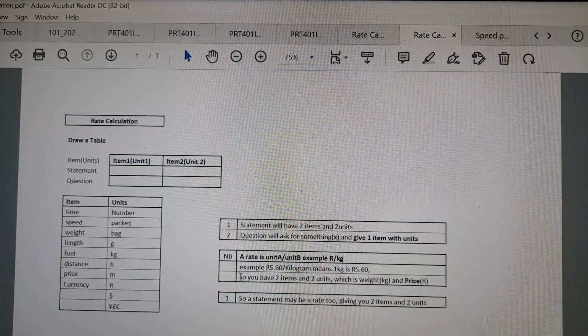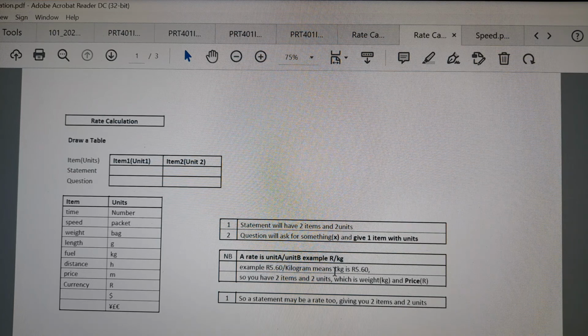Okay. Another thing that you have to know for the statement, very important for the statement, is a rate. They can give you a rate in the statement. So a rate is a unit A per unit B. For example, they can give you rands per kilogram. Let's look at this example. They say that we have 5 rand 60 per kilogram.